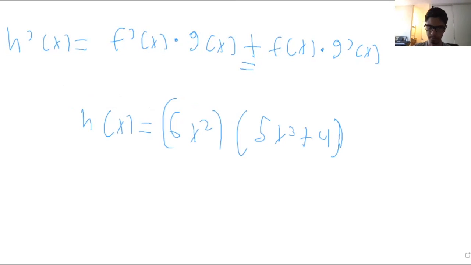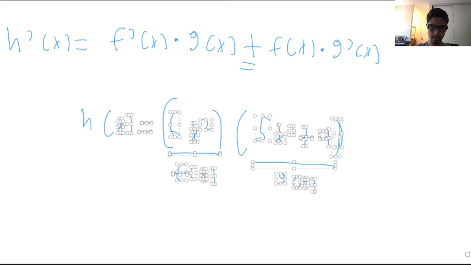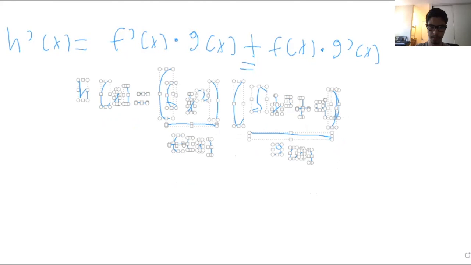So we don't have f of x and g of x technically defined or written out, but we can make out that we can call 6x squared our f of x function, and 5x cubed plus 4 our g of x function. All right. And I think I also need to move this a little bit up to make some room. Cool.